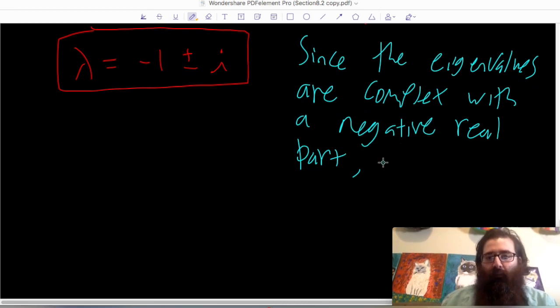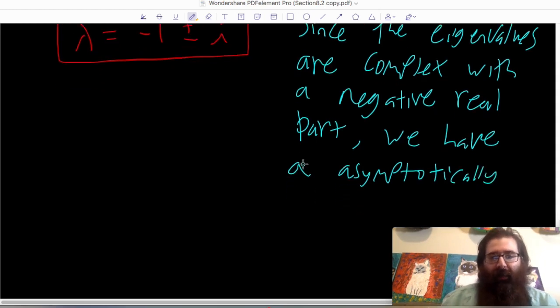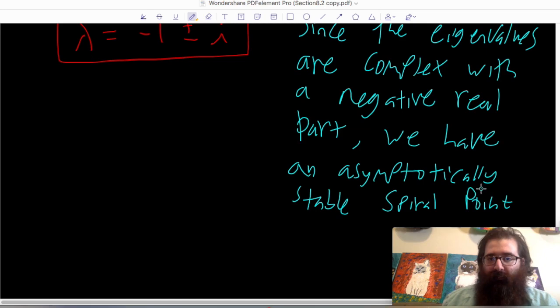This means we have an asymptotically stable spiral point at 1, 1.